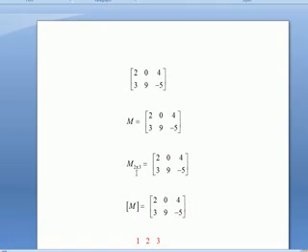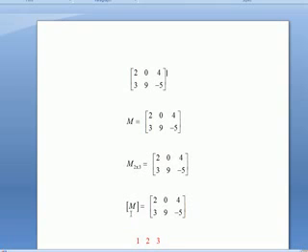And what you're doing is telling whoever's looking at this that this matrix contains 2 rows and 3 columns. It's always row first, column second. So the matrix is 2 by 3.